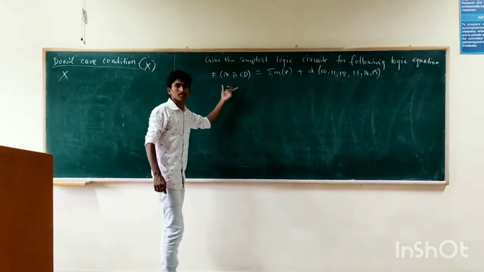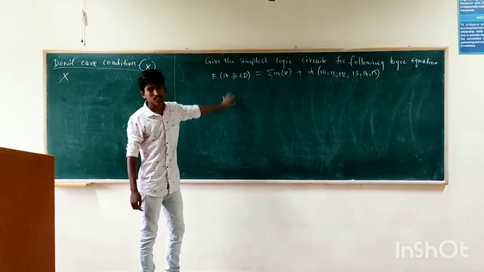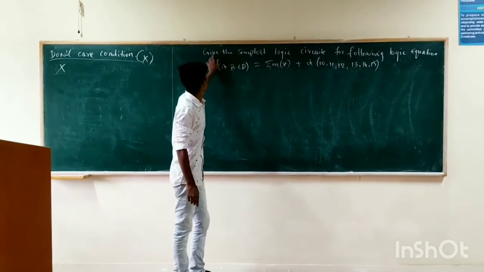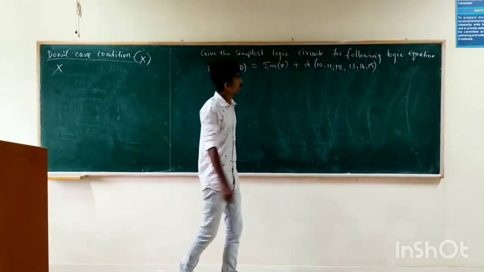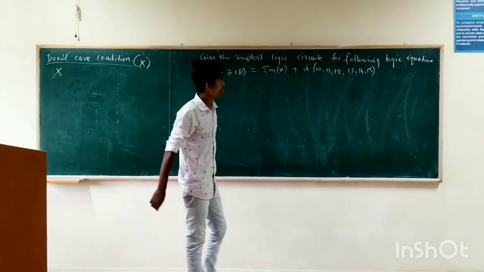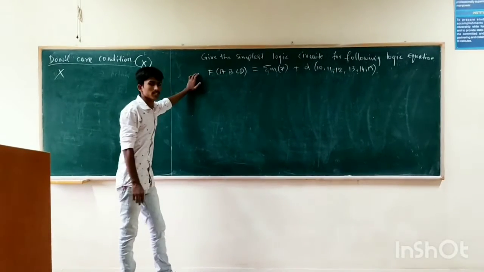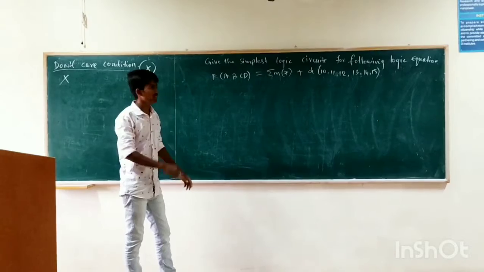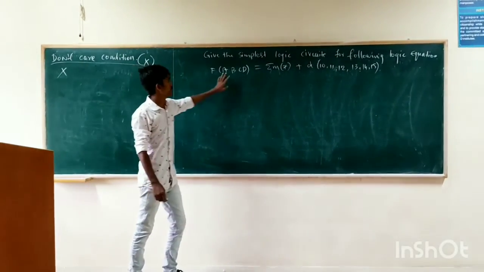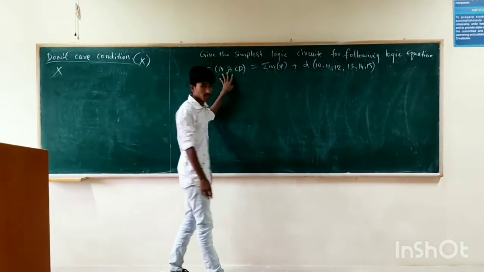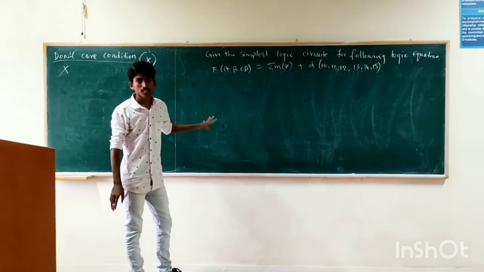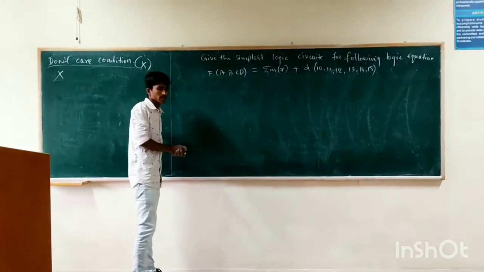See, again, I am taking the example of 4 variables. The question to solve is: give the simplest logic circuit for the following logic equation. First of all, you want to find the Boolean expression for this example, and afterwards write the logic circuit. First, the 4 variable K-map.